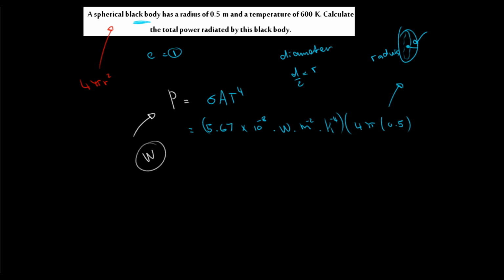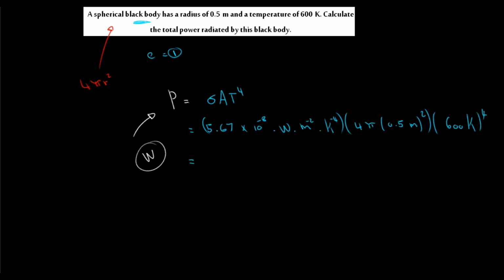Sorry about this. I need to cancel out my parentheses. Meters squared. And then we have our temperature, which is given as 600 Kelvin raised to the 4th. Okay, so let's simplify. I'm going to first take all my values from my denominator to my numerator.